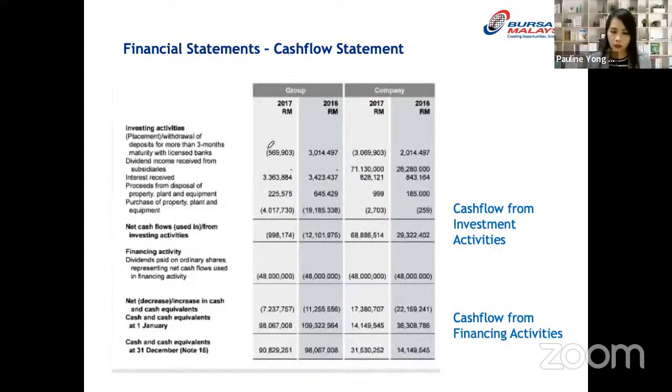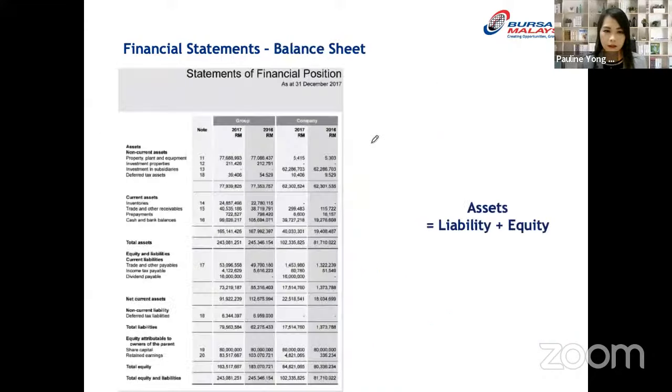So under what kind of situation will you want to look at this cash flow statement? Each of these financial statements has a function. For example, if you are looking for the accumulated profit, the equity or the net tangible asset, you look at the balance sheet, which is the statement of financial position.